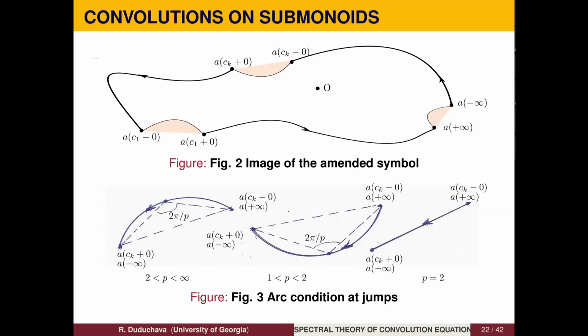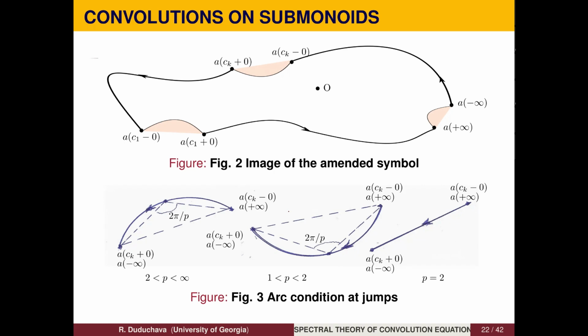What we do here, we just connect these discontinuous points with certain arcs, and make this function, now the image of this function on the complex plane, continuous. And the connection is with arcs, as I told you.